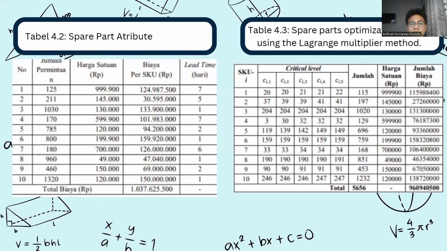Okay, so what we have here are two tables, the spare part attributes and the optimized results after using the Lagrange multiplier method. To do this, several calculation steps need to be done. Firstly, we calculate the minimum inventory level of spare parts for each customer class.